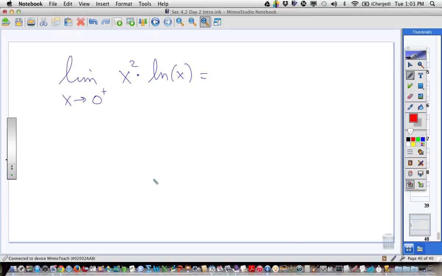And last one. Now let's give you a little more time to think on this one. Might be helpful to draw ln, a natural log graph here, by the way.